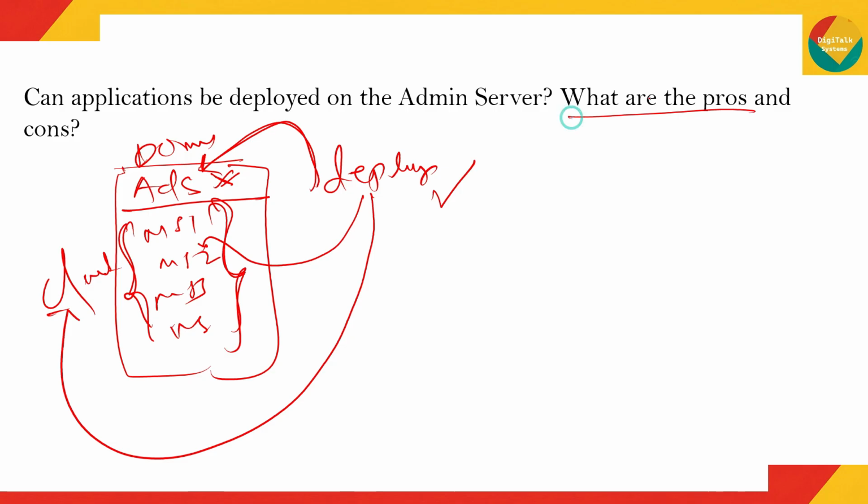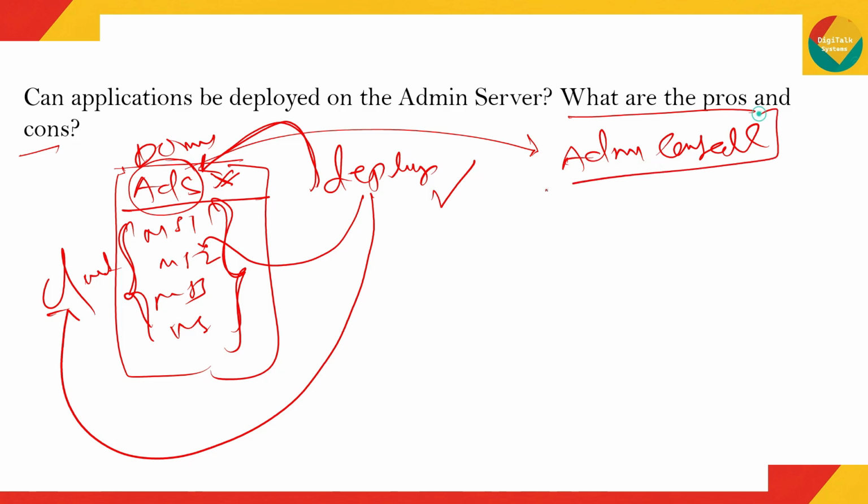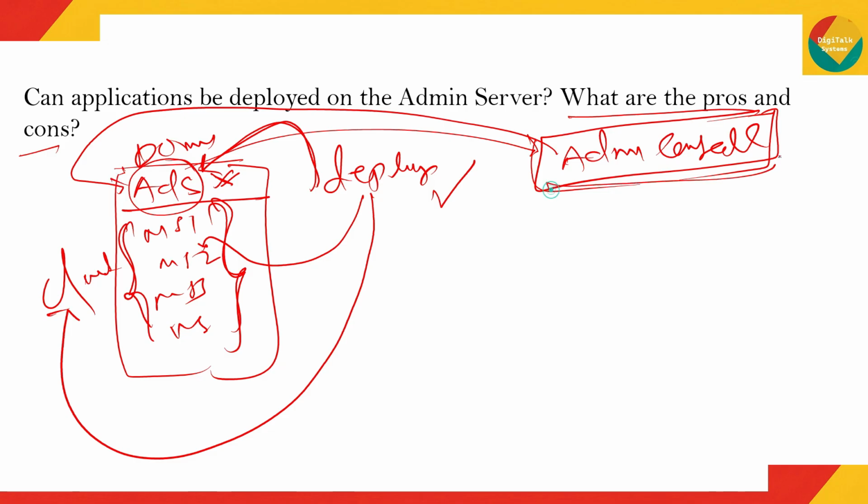Now, when we say what are the pros and cons, each and every domain will have only one admin server, and this admin server is dedicated to the admin console, right? We have an admin console that we access from the browser. So this admin console application is deployed on your admin server. This is for the centralized management of your domain. That means this admin server is used specifically for the admin console, for internal purposes by the WebLogic server.